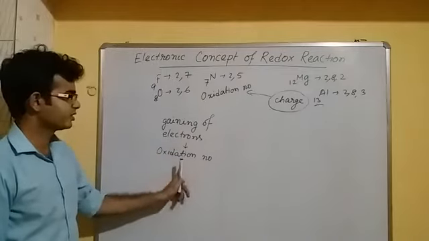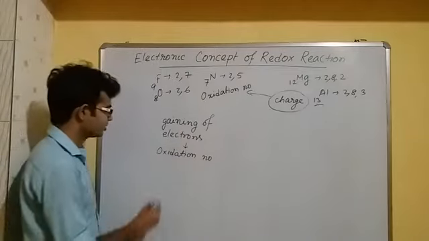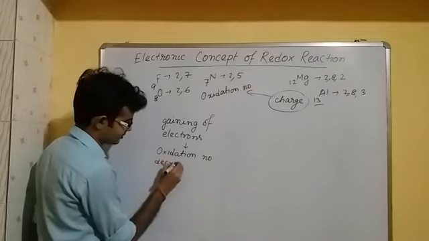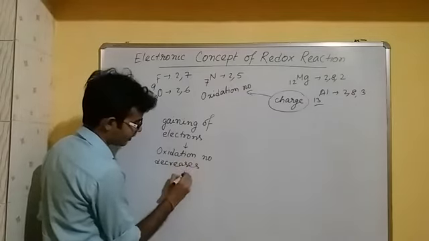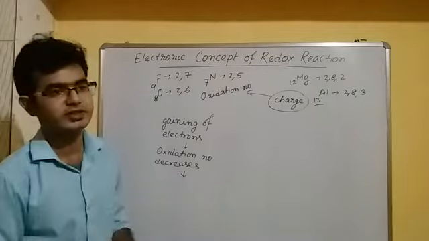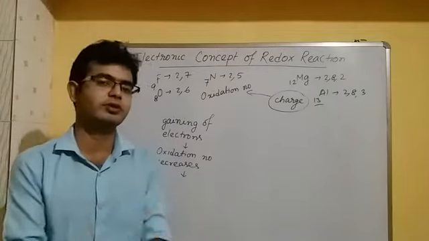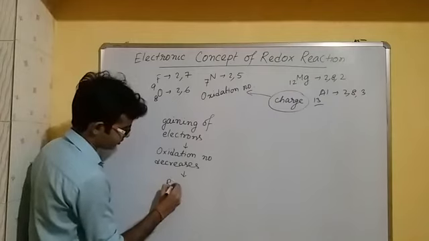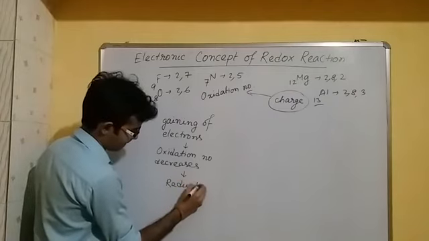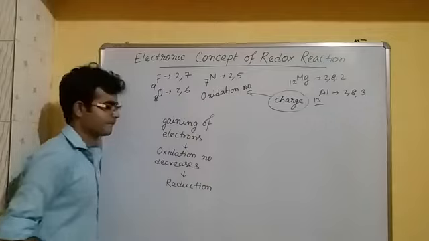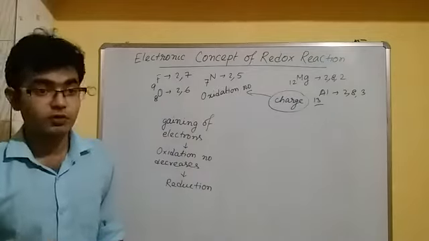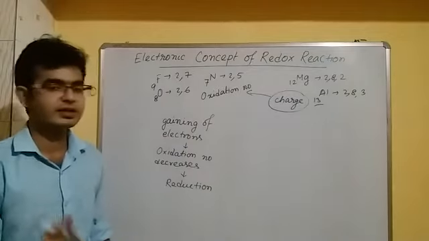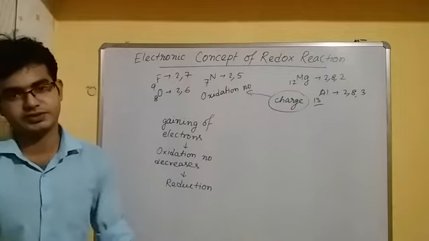Gaining of electrons, what will happen then? The oxidation number decreases, and this reaction is called reduction. If the oxidation number decreases, then we will say that a reduction reaction takes place.